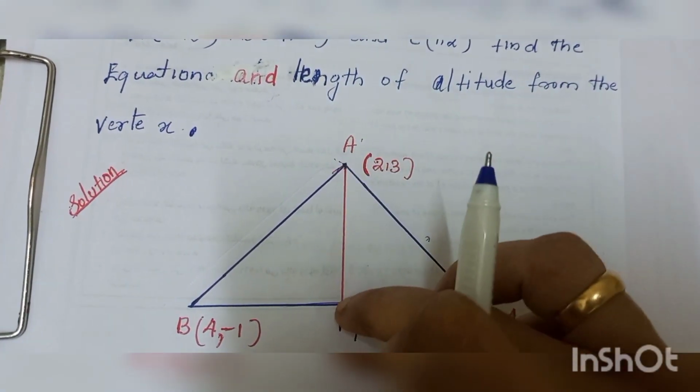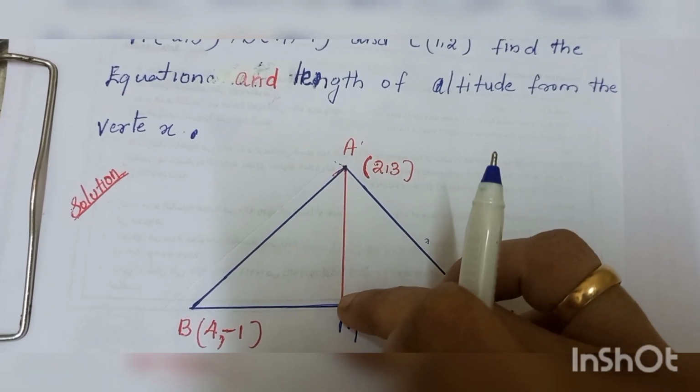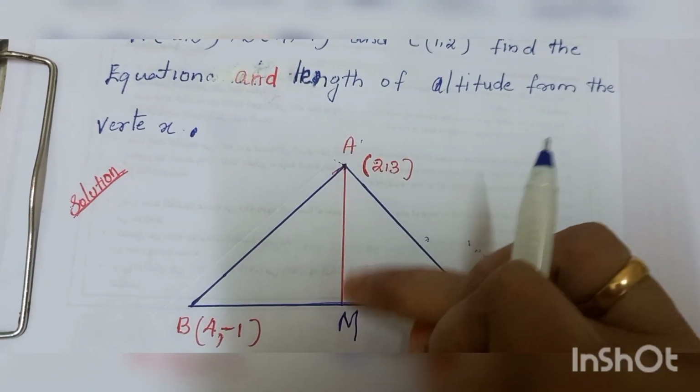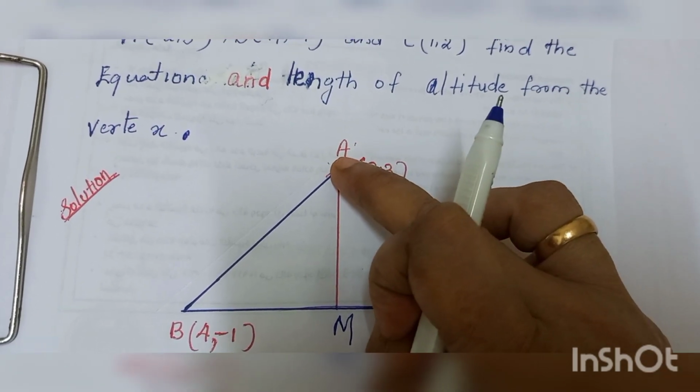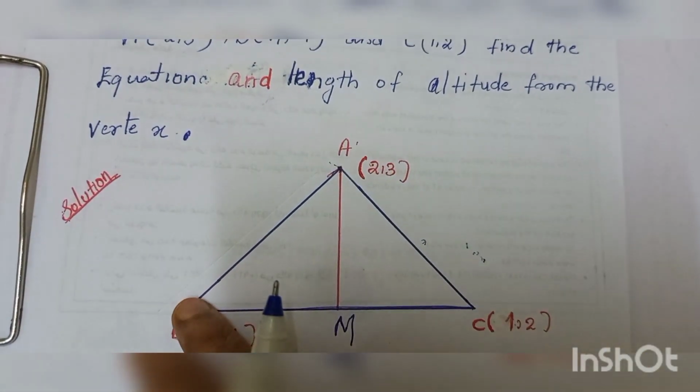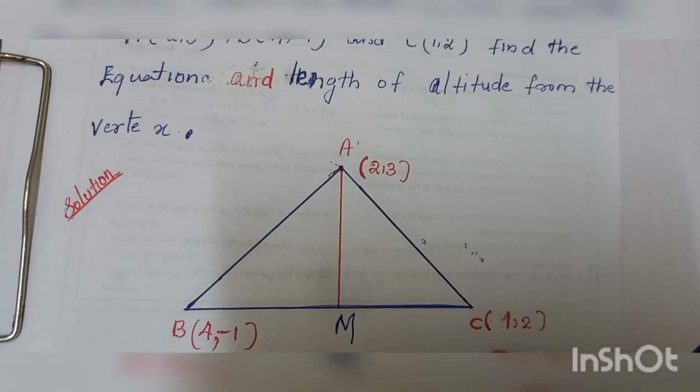or length of AM, or the perpendicular distance from A to the line BC.